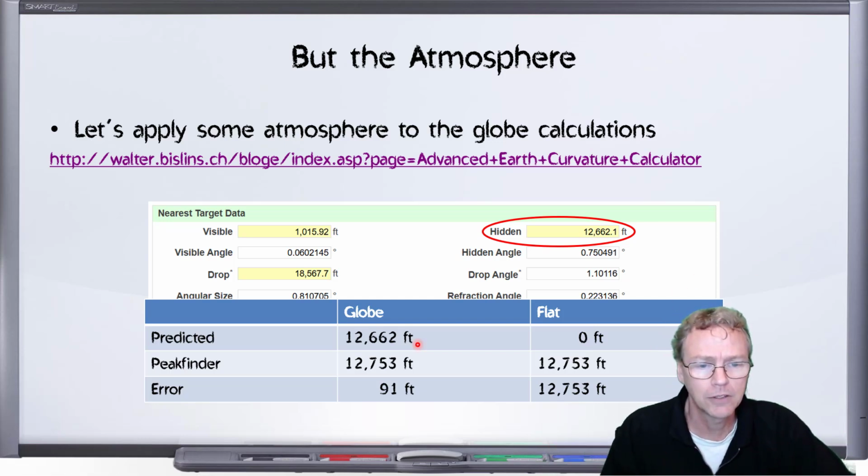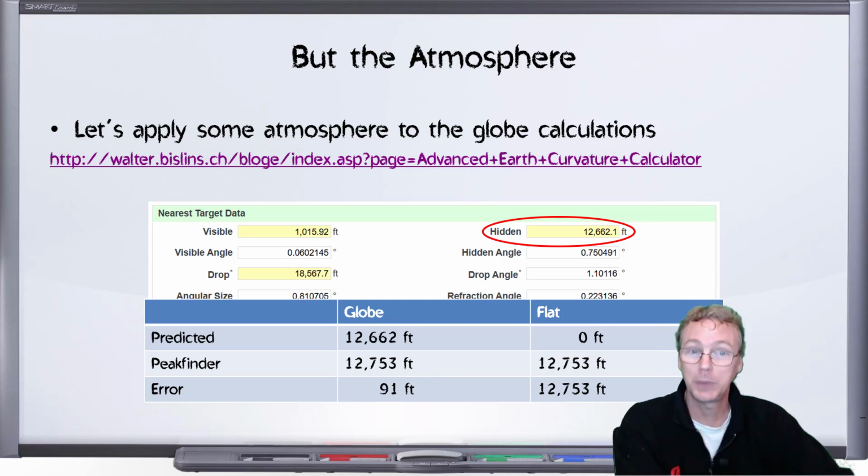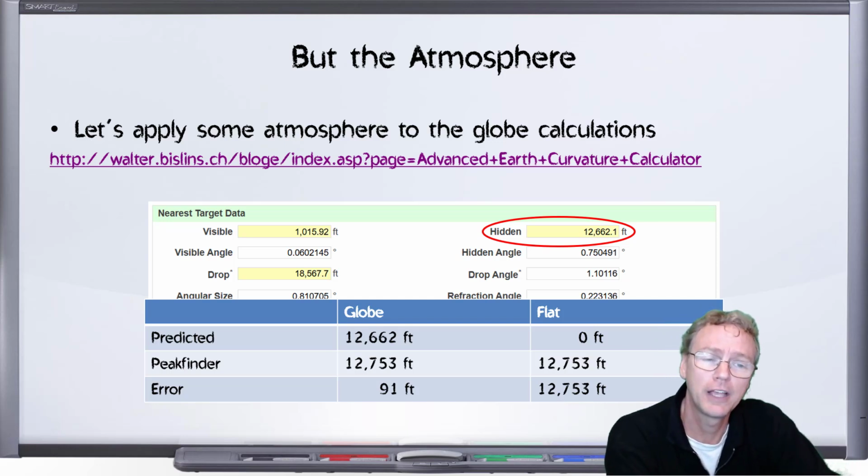And there you go. It is an estimate, right? And the estimate, as you can see, very closely matches what Peakfinder showed us. So that's a big clue that whatever calculations Walter Bislin is doing are very similar to the calculations that Peakfinder is doing. Remember now, before anybody gets upset, we're only evaluating Peakfinder.